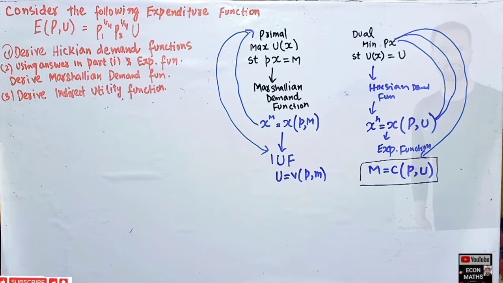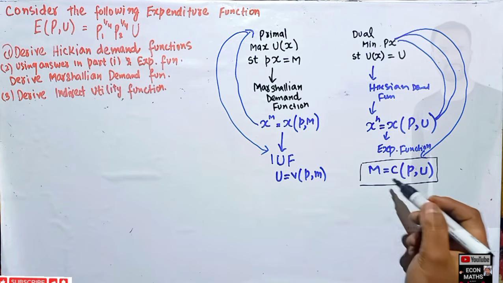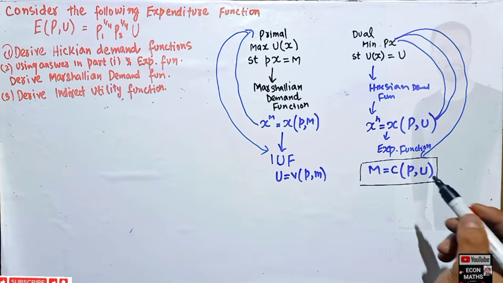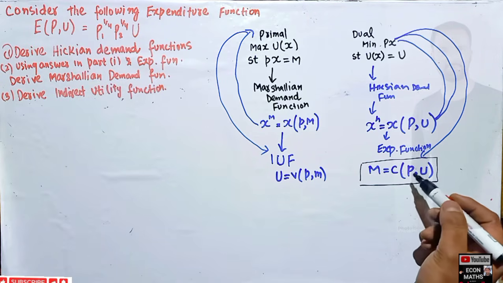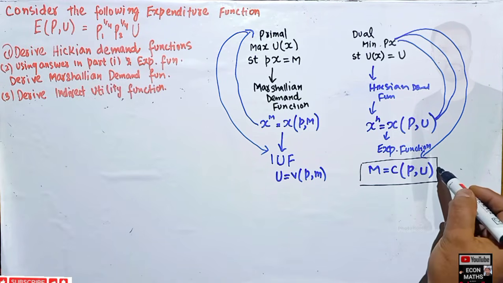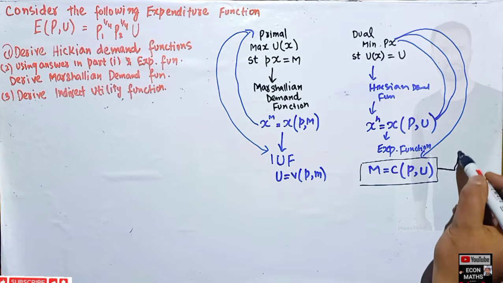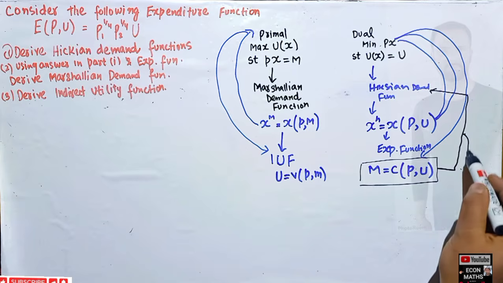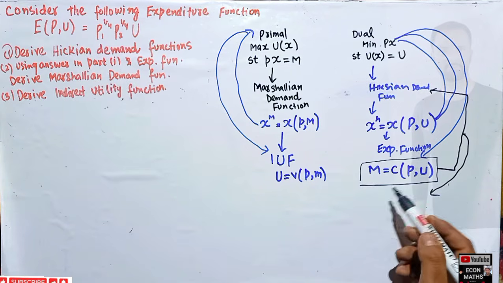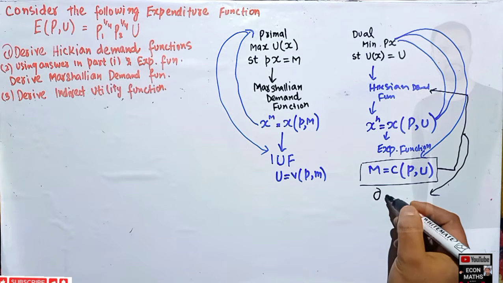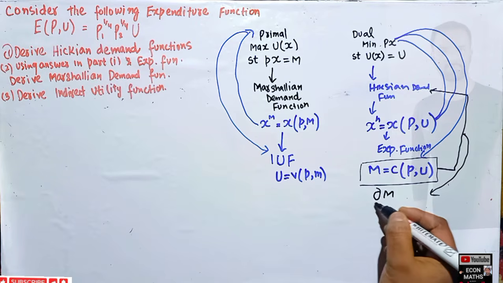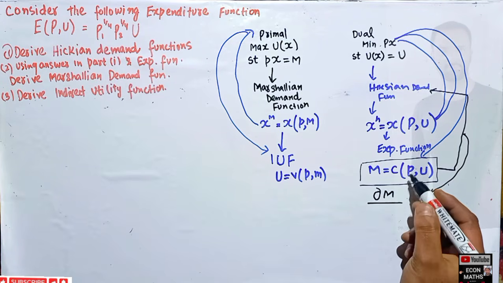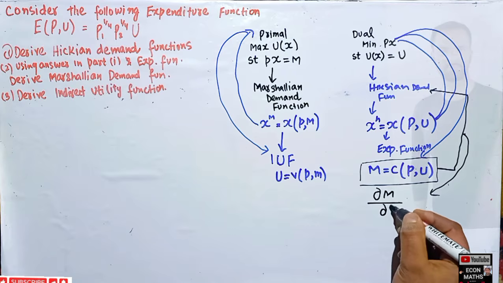How can we do this? Let us see. If this is our expenditure function, to get the Hicksian demand function from this, we need to differentiate this expenditure function with respect to price.